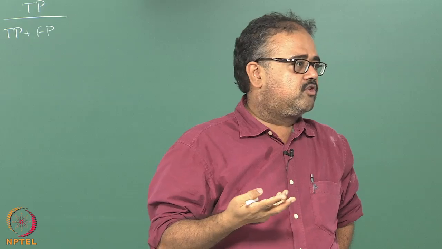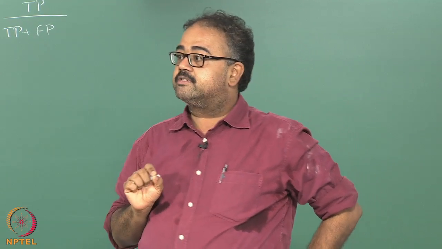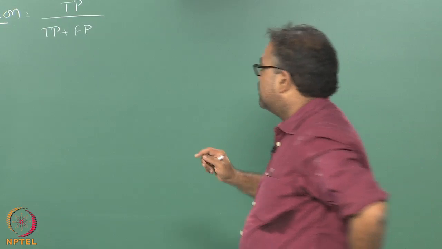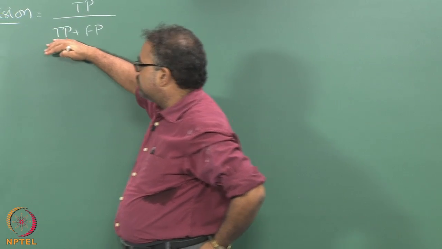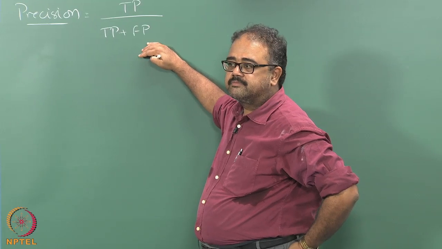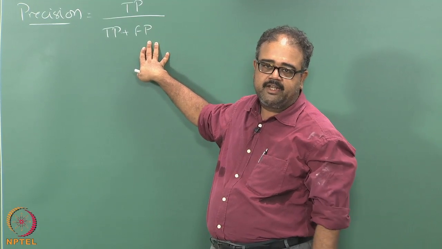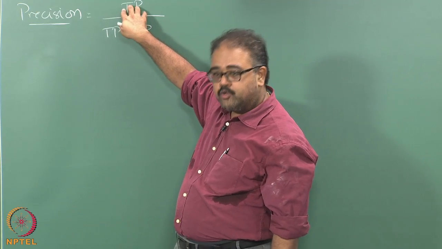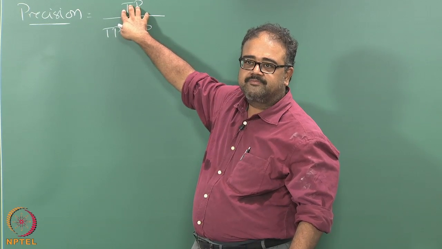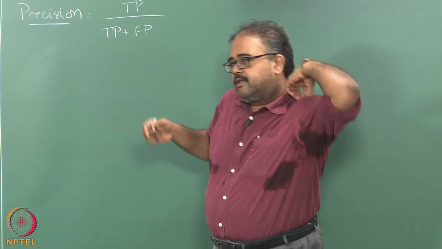How many of them are really positive? So the denominator is all those points which the classifier is telling you are positive. So true positives plus the false positives are all the points that the classifier tells you are positive, and the true positives are the ones that are truly positive, right. This ratio gives me what is called the precision, right.